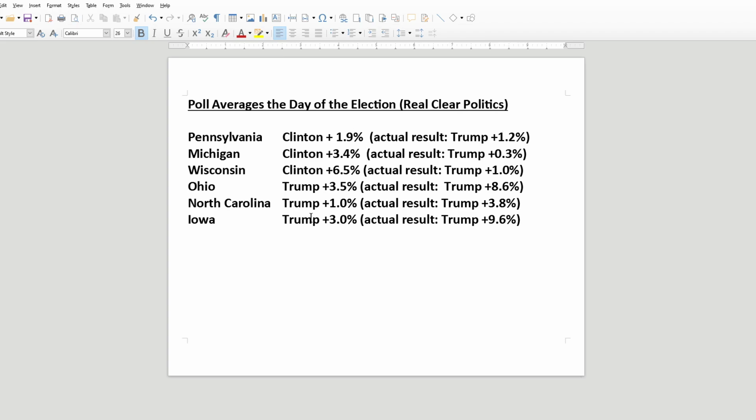And you can see these are cases in which they over-predicted by quite a bit the vote for Hillary Clinton. And I know not much is made of Iowa because Trump was predicted to win Iowa, but our state was one where the polls were most inaccurate, almost 7% off. And these were surveys that claimed to be, most of them, plus or minus 3% in their margin of error, and now they're all off from the actual vote totals.